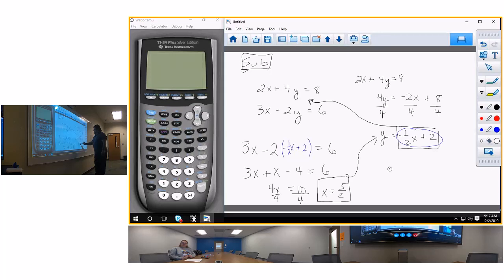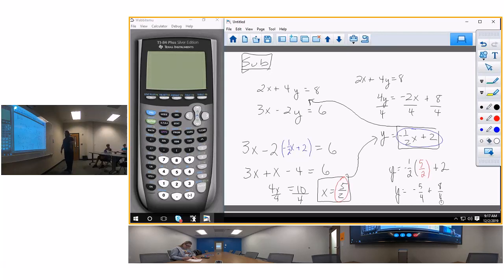y is equal to negative 1/2 parentheses, and I'm going to circle this red, and it goes right here, plus 2. y is equal to negative 5/4 plus what? 8/4.